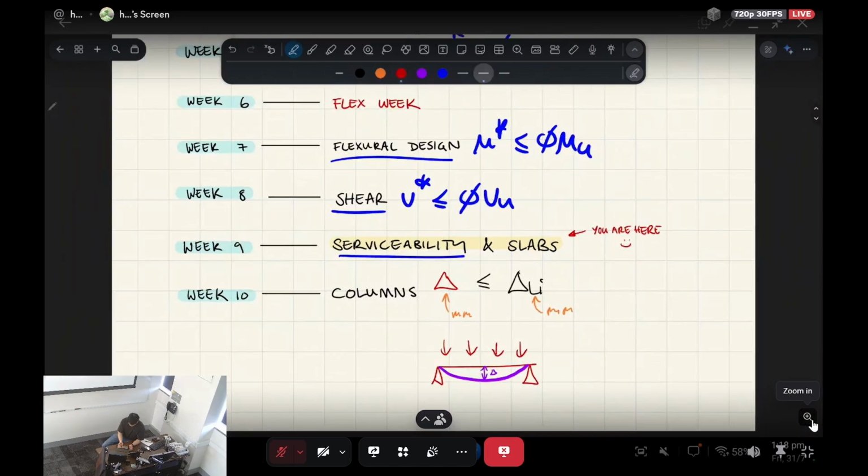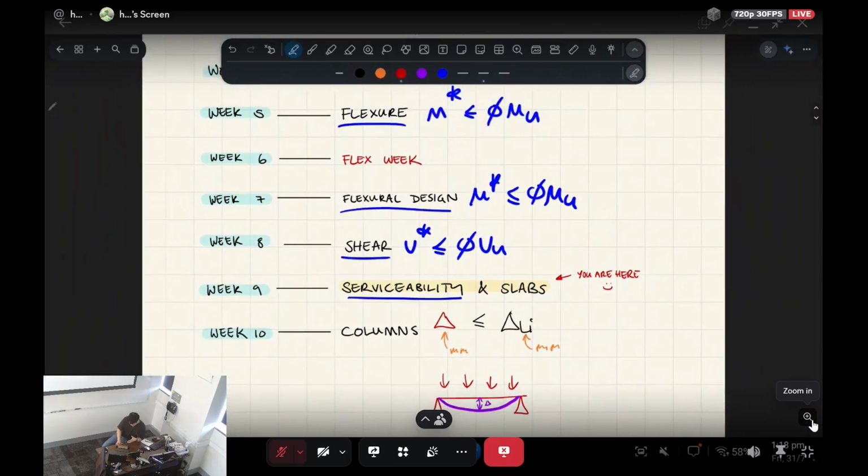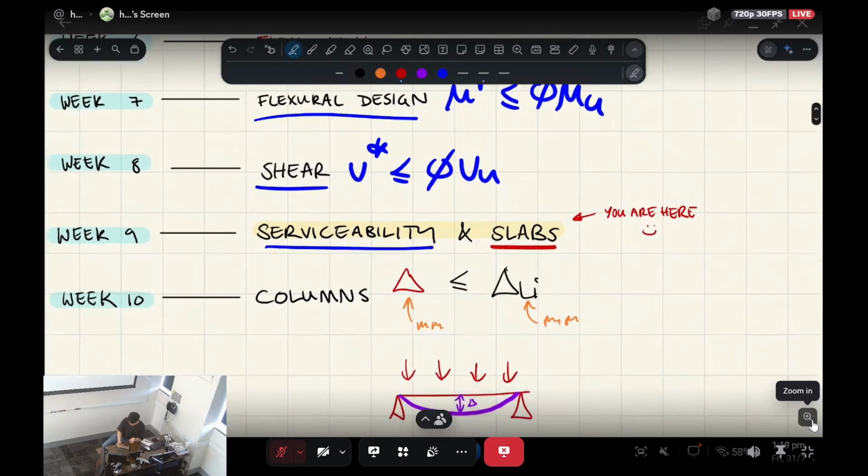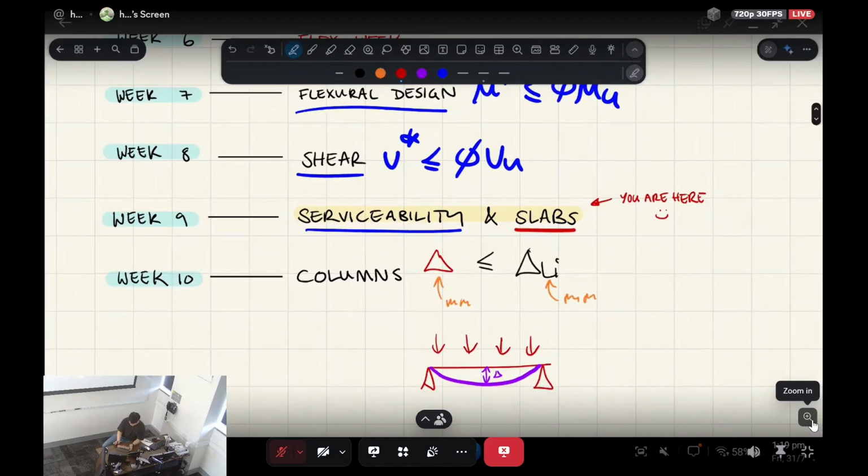We've been learning all of this in the context of beams, but what I'll briefly mention towards the end of this lesson is how we interpret this for different flexural members or different structural members built out of reinforced concrete. One of those is a slab and the other is a column, which we'll talk about more in depth next week.